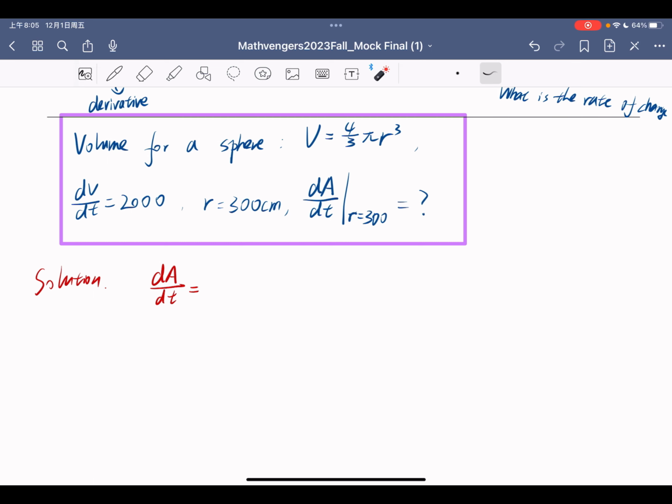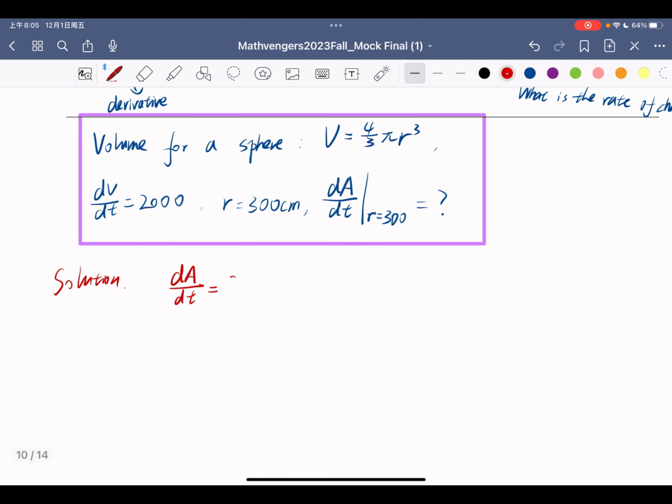The formula is that we can write dA over dV multiplied by dV over dt. Now you can see we already know dV over dt. So how can we compute dA over dV?